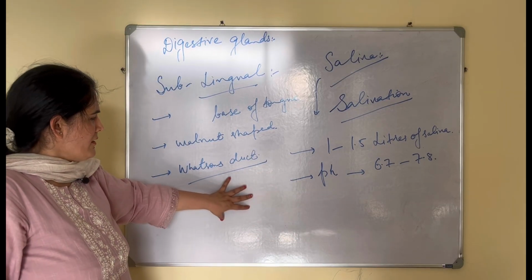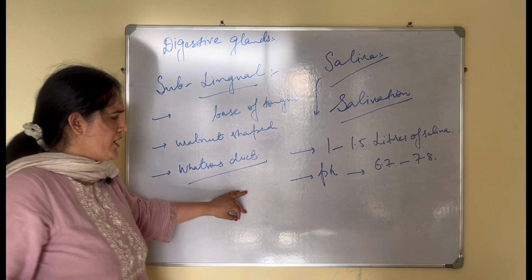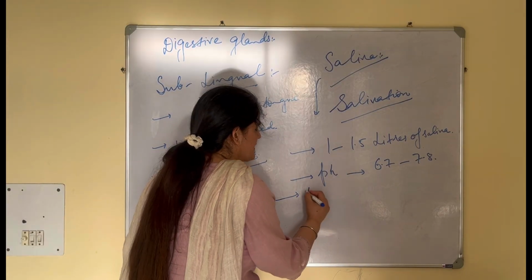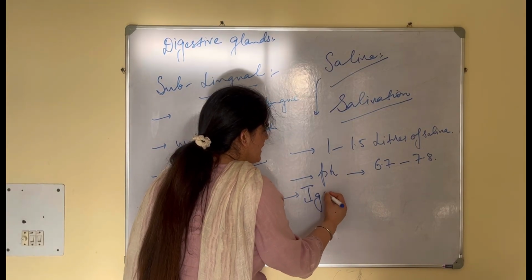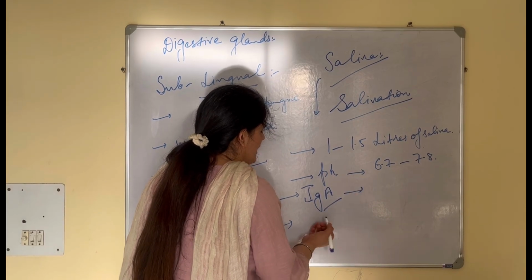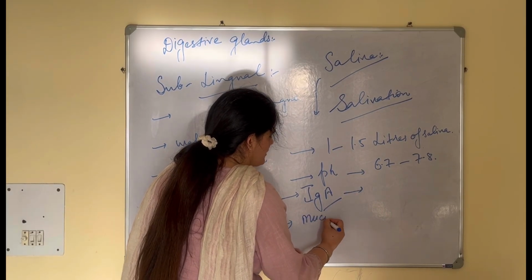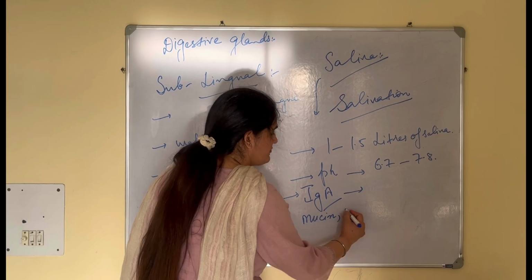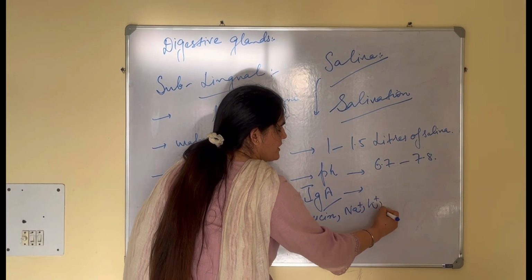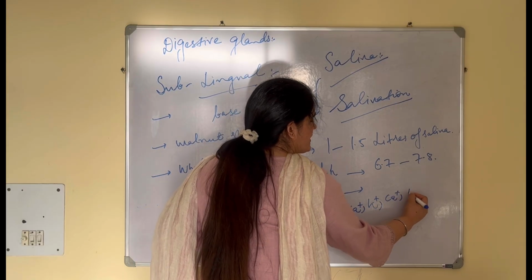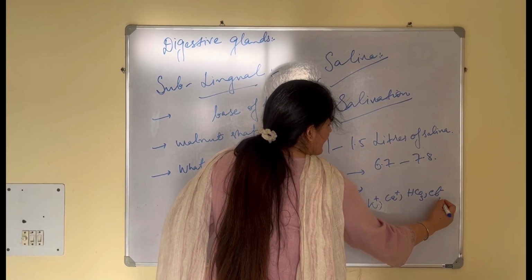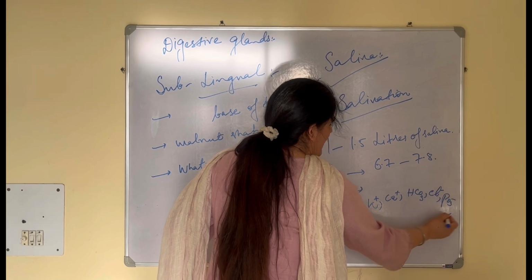Saliva also contains some important things like immunoglobulin IgA, which helps in immunity. It contains mucin, sodium, potassium, calcium, bicarbonate ion, chlorine, and phosphate ion.